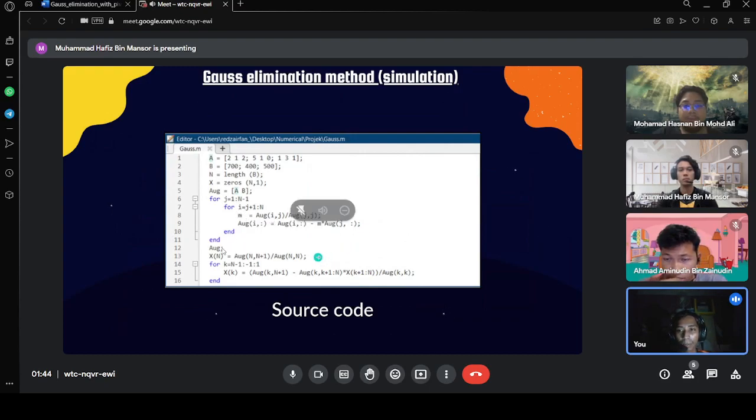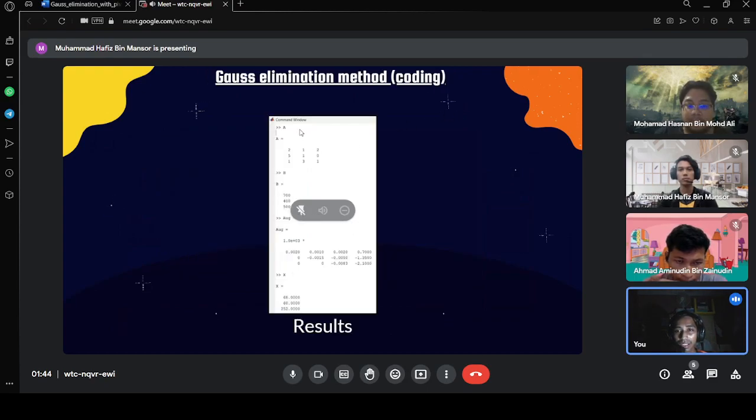Below that, n is the final result after the calculation, when row 3 and row 2 become 0, to get the final answer. Next, this is the result from the command window. First we put A to get the matrix shape from the data. We can see A, and then B for 700, 400 and 500.